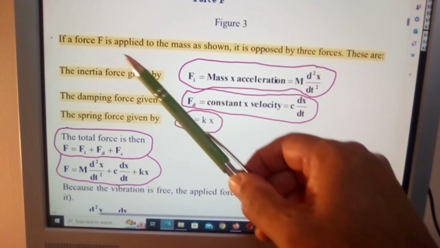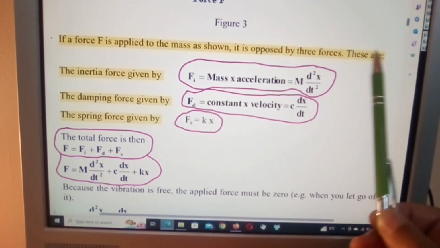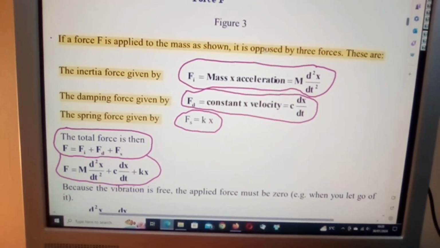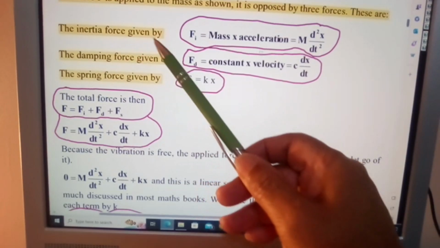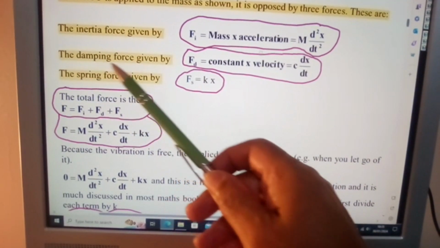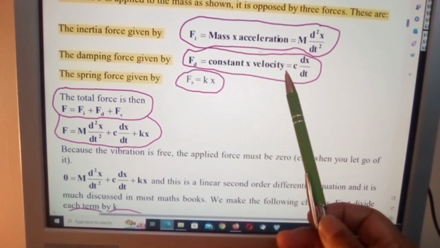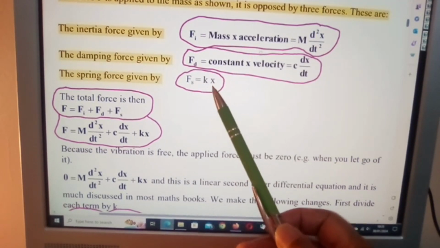If a force F is applied to the mass as shown, it is opposed by three forces. These are the inertia force, given by your formula for that, the damping force, given by the formula for that, and the spring force, given by the formula for that.